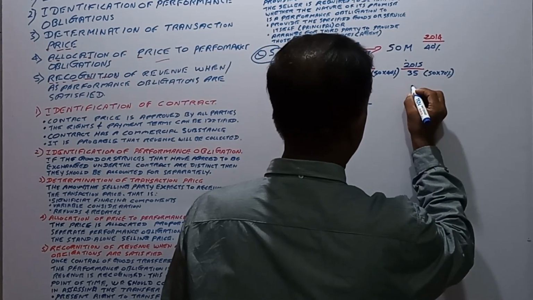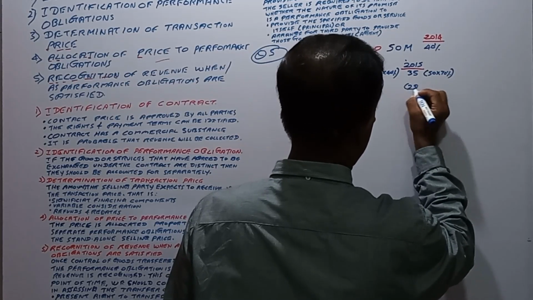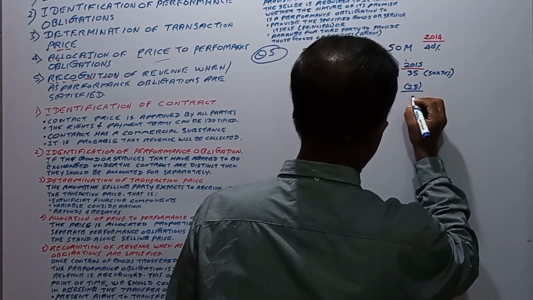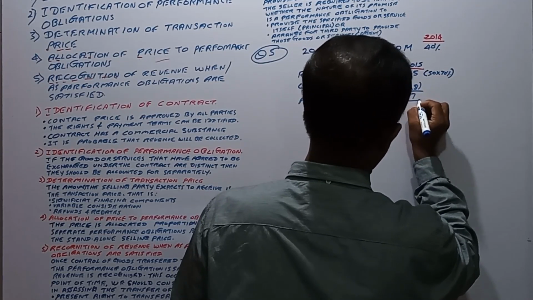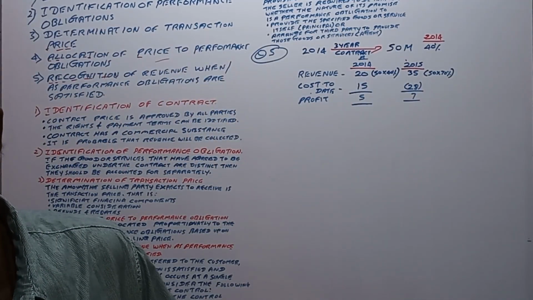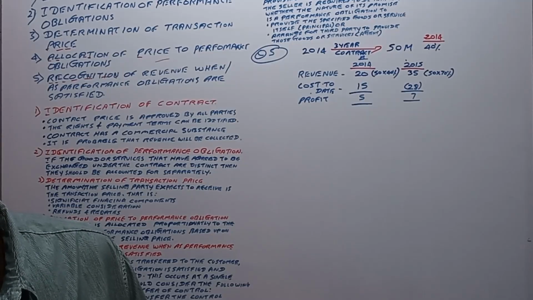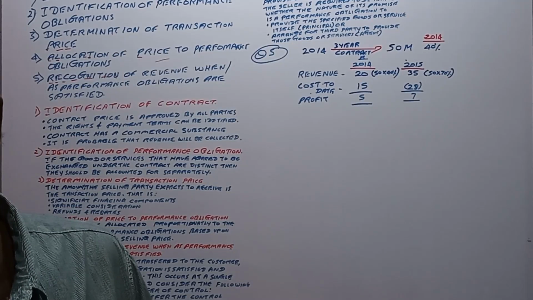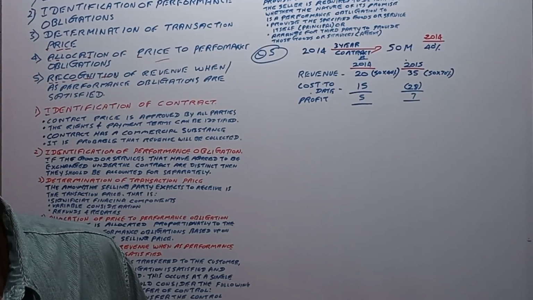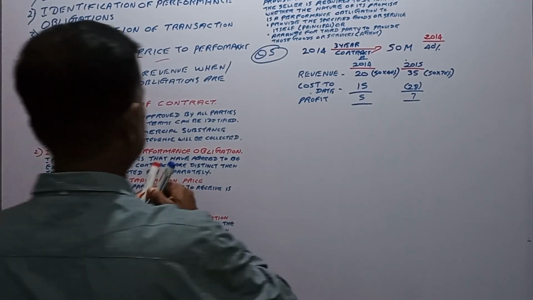And cost to date is 28 million, so we have to deduct that. Then we arrive at 7 million profit, with the contract estimated at 70%. Calculate the revenue and costs to be recognized. This is question number 6.